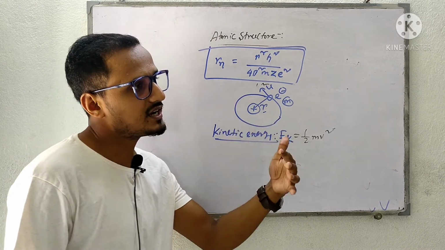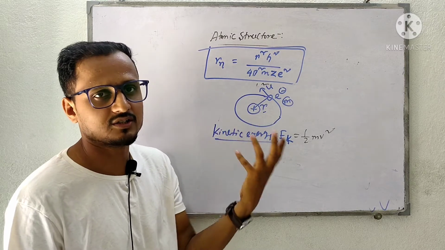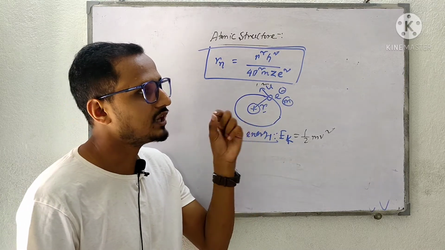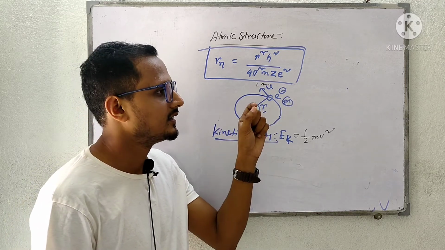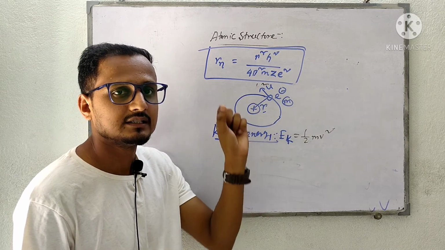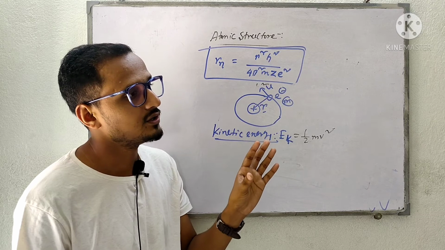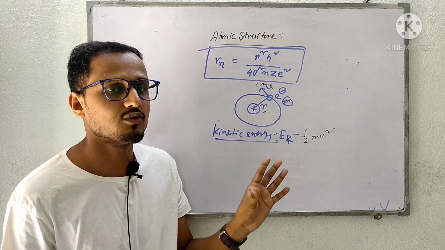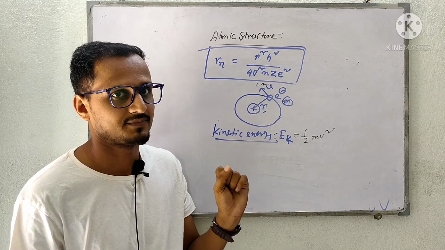Now we can calculate the potential energy by the definition. You know the definition of potential energy, that is the total work done to bring an electron from infinity to the radius r. For that we have to overcome the centripetal force of attraction of the nucleus, that is nothing but Z square by r square.